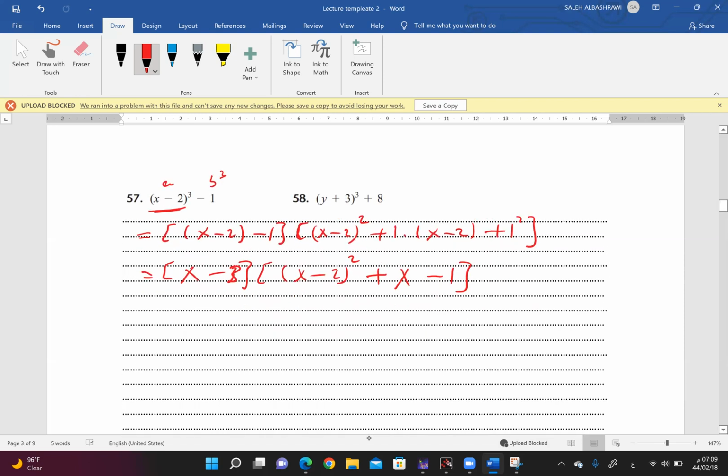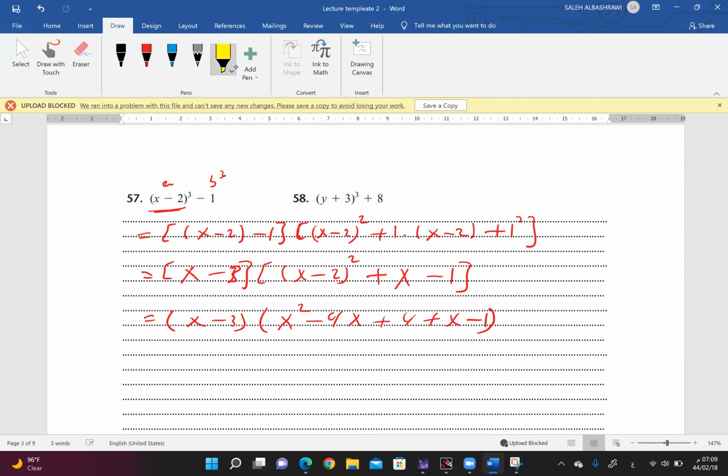If we need to simplify it more, I can write it as x minus 3 multiplied by x squared minus 4x plus 4 plus x minus 1.